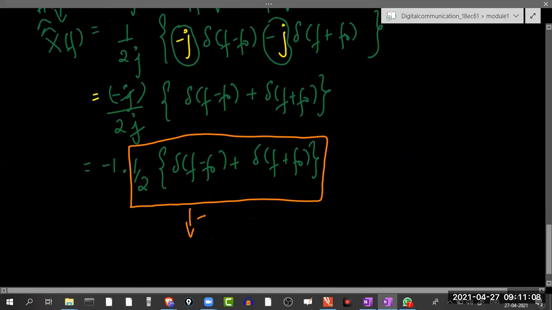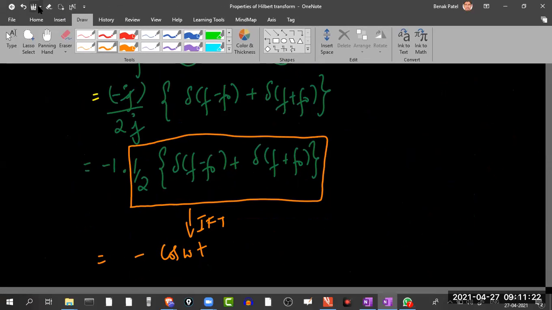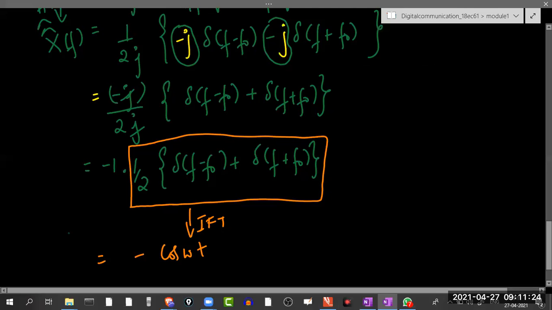So if I apply inverse Fourier transform onto this, I'll get cos omega t associated with what sign? Negative sign. So here we had x double cap of f, and when I apply inverse Fourier transform onto this, I'll have x double cap of t.